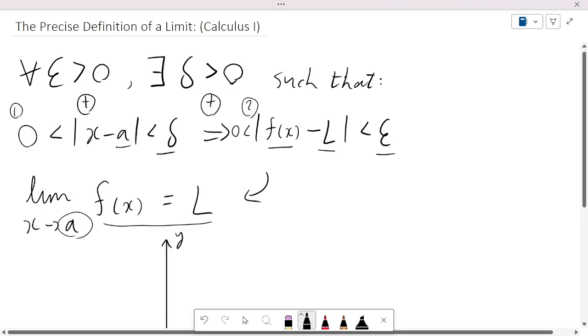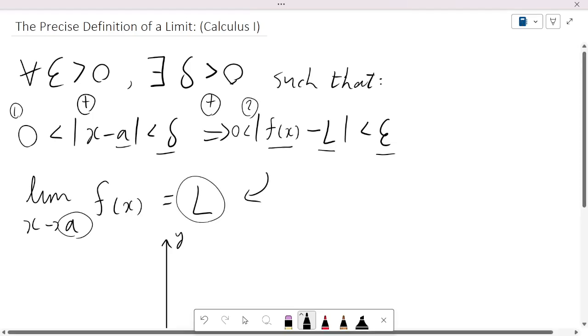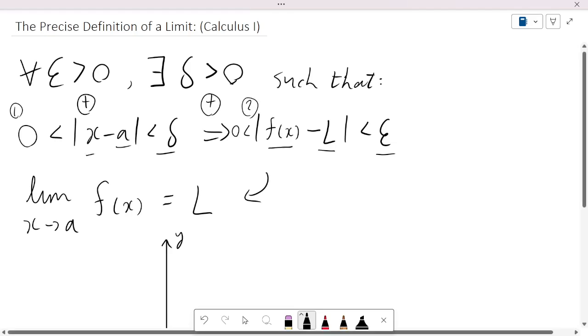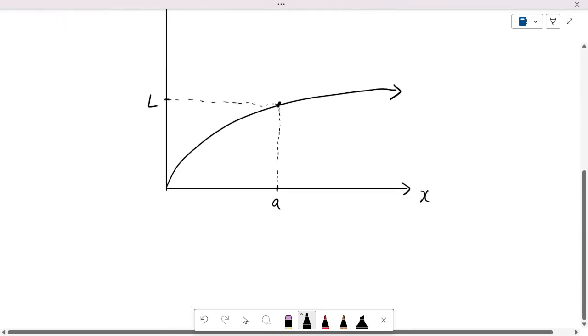We know that f of x is going to be equal to L, depending on your a value. Over here, we can clearly see that epsilon falls under the output values, so therefore epsilon is going to be in the y-axis. And then our delta, because it has x minus a, which would fall under our x-axis, will be in our x-axis.